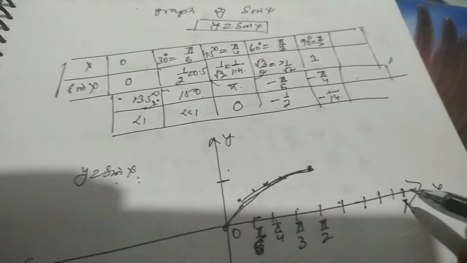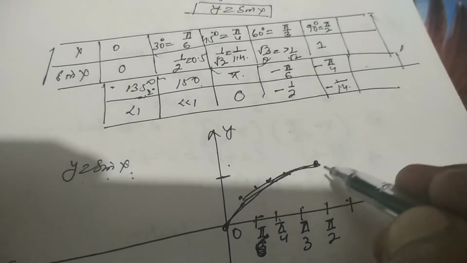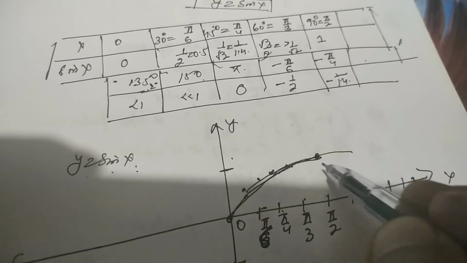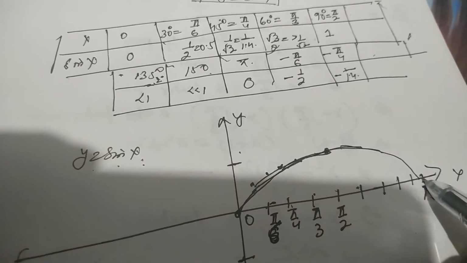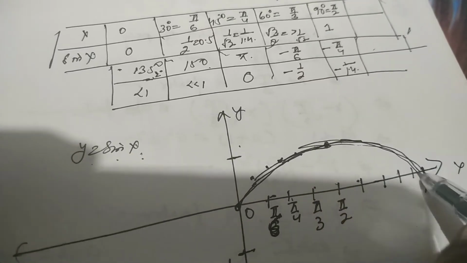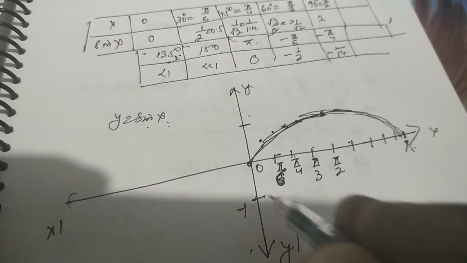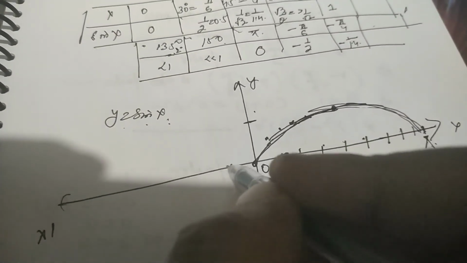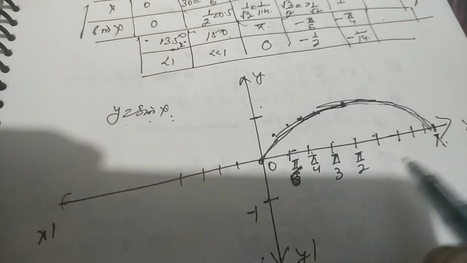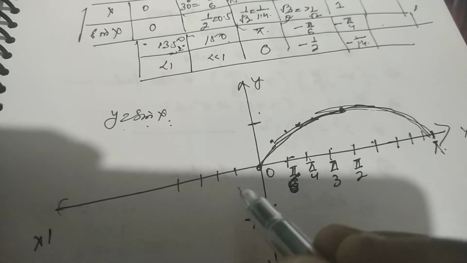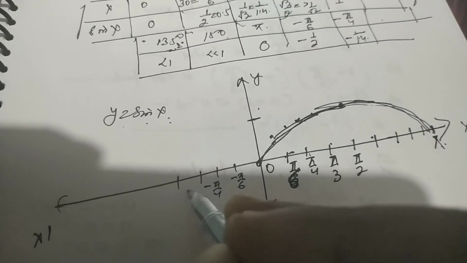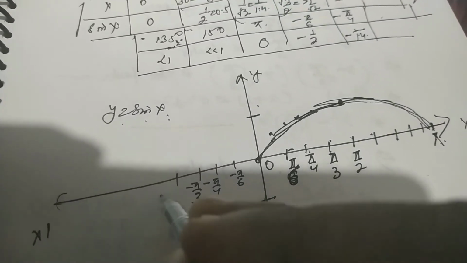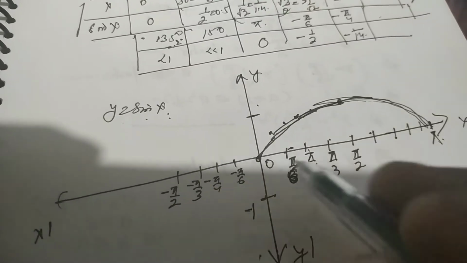And if you move forward, the value decreases, and at π it is 0. On the negative side, we have minus π by 6, minus π by 4, minus π by 3, and minus π by 2.